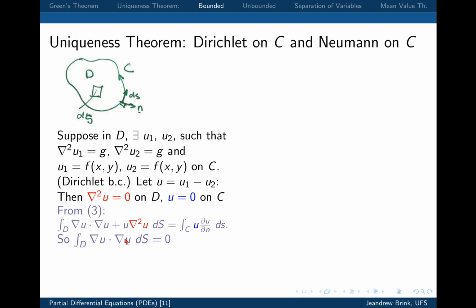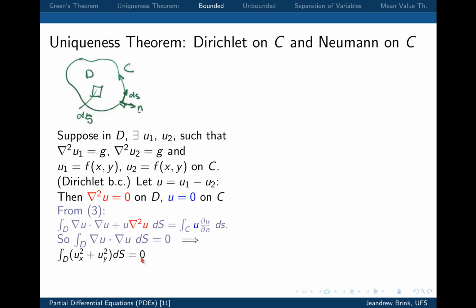In the previous case, where we had just two variables, the gradient of u is simply ux and uy dotted with the gradient of ux, uy. And so we simply have ux squared plus uy squared. So let's just write that down. So this integral is then equal to that, and we know that that thing is equal to 0.